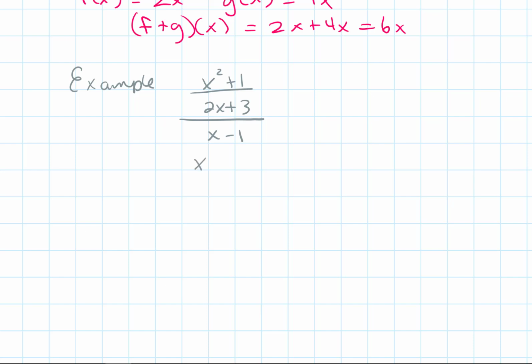So you can write this as x squared plus 1 over 2x plus 3, and then write divided by x minus 1. Then you can multiply by the reciprocal. So x squared plus 1 over 2x plus 3 times 1 over x minus 1. So just don't forget that those are properties that you're going to have to use when simplifying these functions.